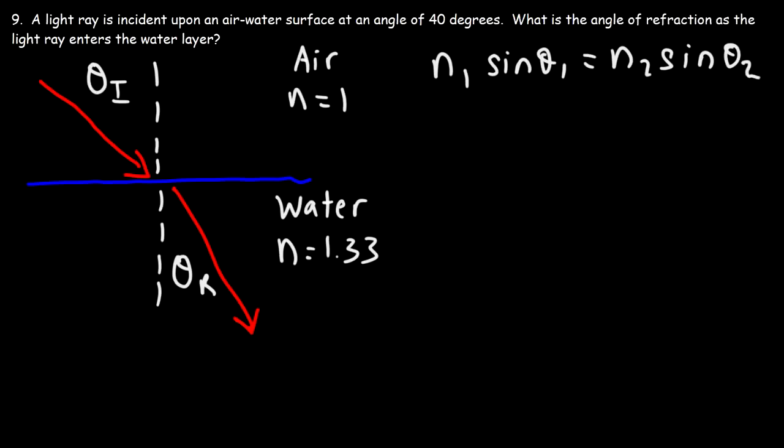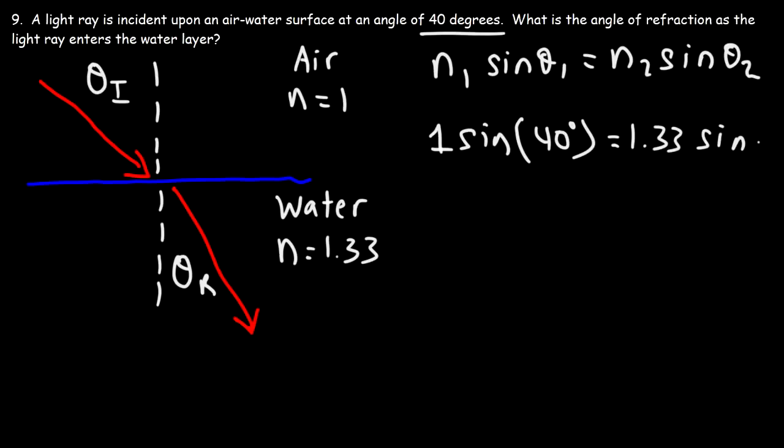So N1, the index of refraction for air is 1. The incident angle, we know it's 40 degrees. N2, the index of refraction of water is 1.33. So we need to calculate theta 2, which is the angle of refraction. So let's put 40 degrees here.